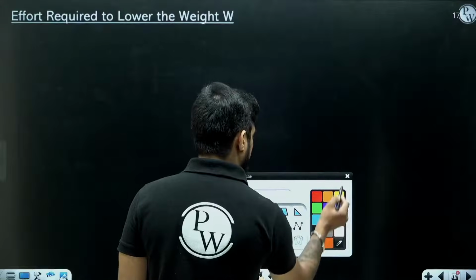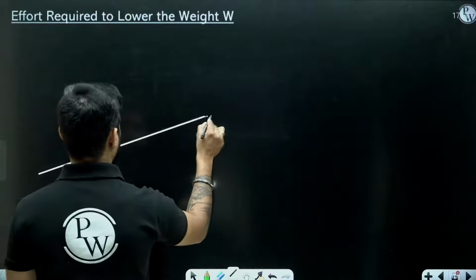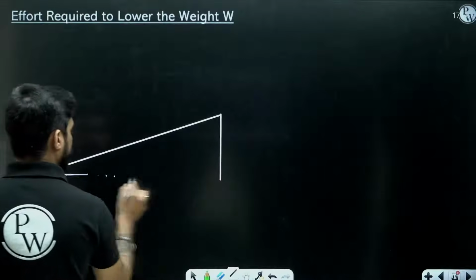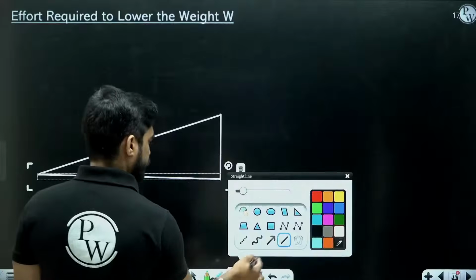You will have the same diagram, but this time you need to lower the weight.